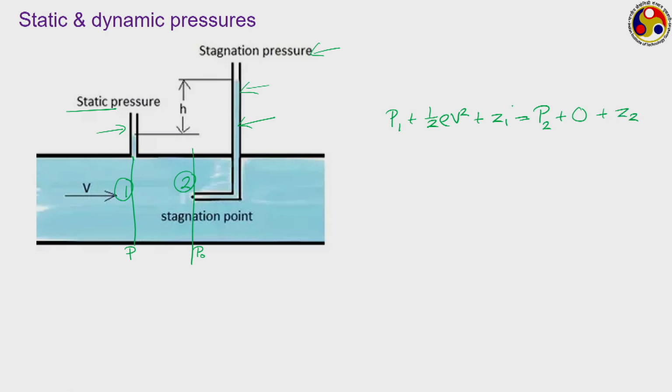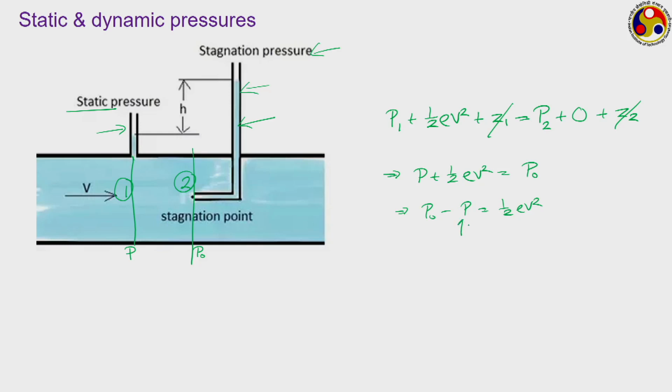Now, if Z1 and Z2 are equal to each other, which is frequently the case, we can neglect that. So, P1 becomes P plus half rho V square is equal to P naught at the stagnation point. So, we are seeing that this P naught is higher than the pressure at point number 1.